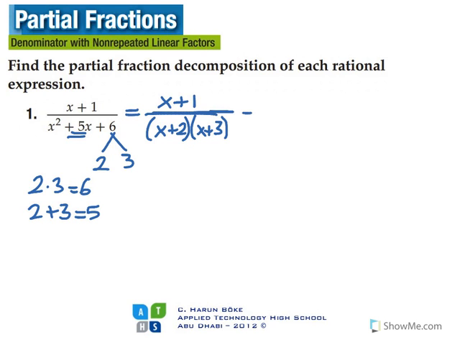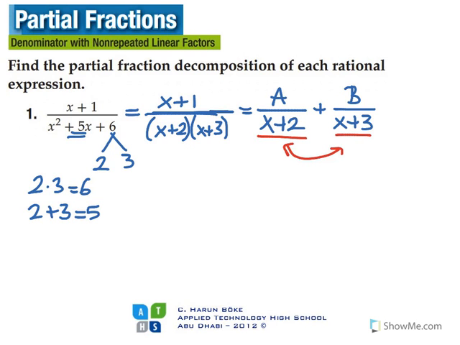Now, since these are non-repeated linear factors, I'm going to decompose this as a over x plus 2 plus b over x plus 3. It doesn't matter if you write x plus 3 here and x plus 2 here, if you change the places, or change the places of a and b.